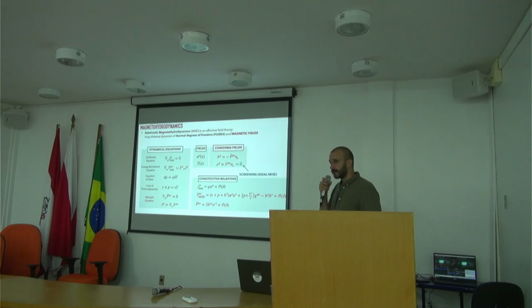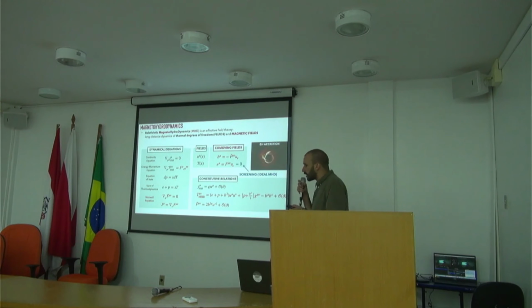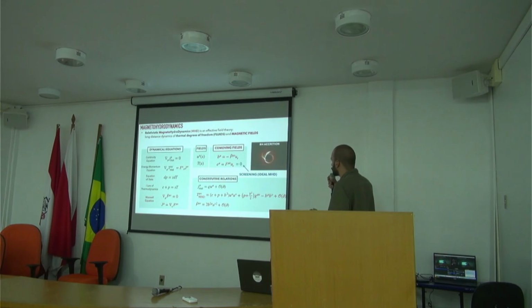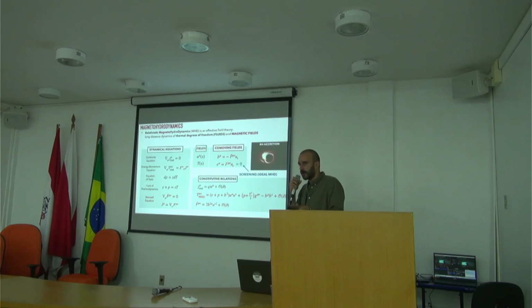It is covariant. It can be applied to any metric, to any background. And this is basically the type of equations that we are going to solve numerically when we want to address some of the astrophysical problems like black hole accretion.